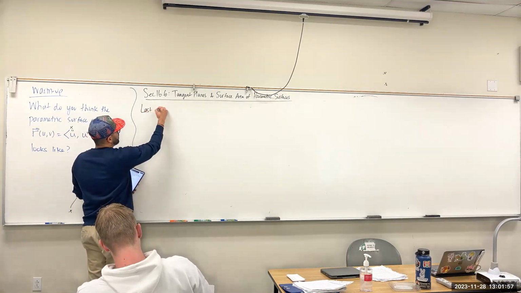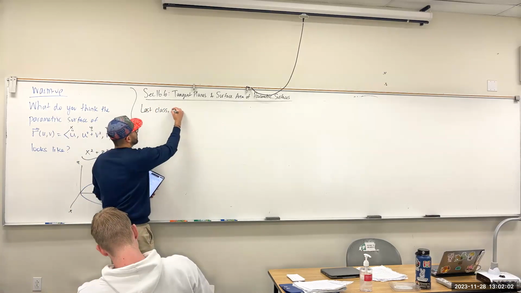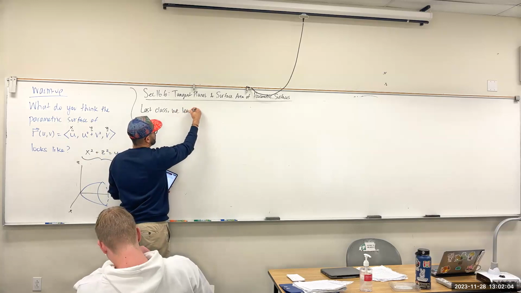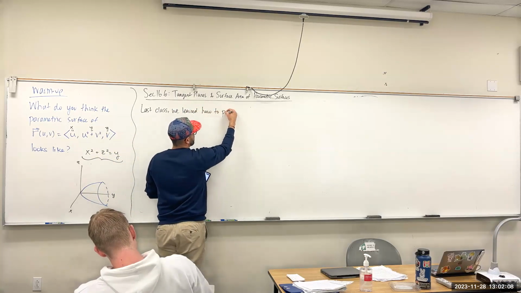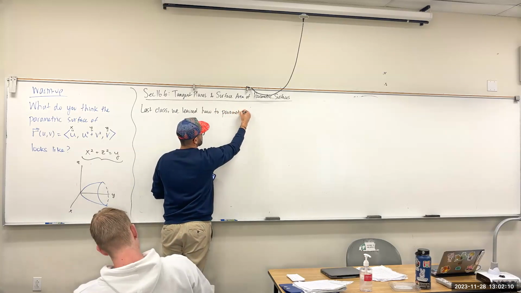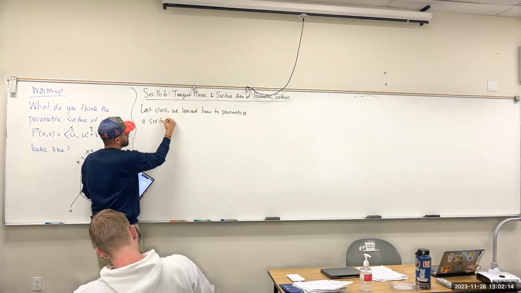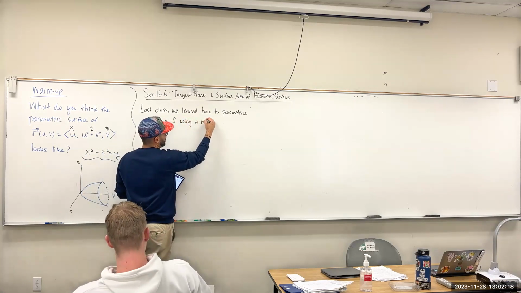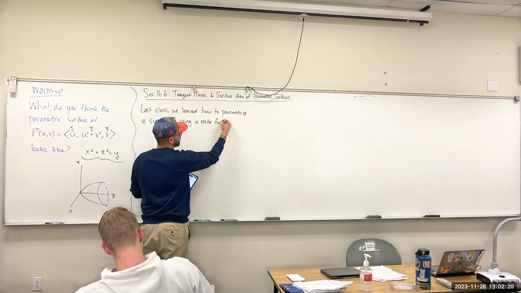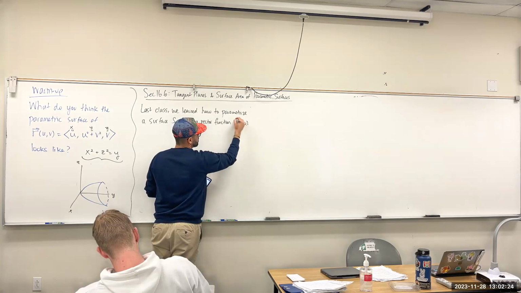So let's start with this part here that we discussed. Last class, we learned how to parameterize a surface S using a vector function, like the one from the warm-up, and it used two coordinates.